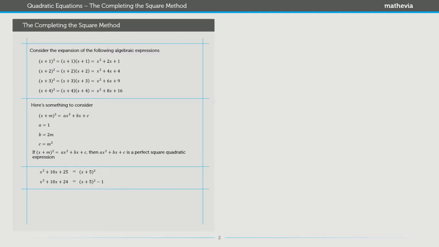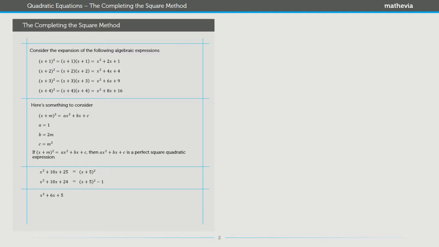Okay, now here's something else to consider. What if we had an expression like this? We have x squared plus 6x plus 5, and I'd like you to tell me, is this a perfect square expression?